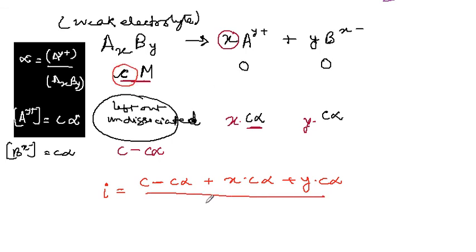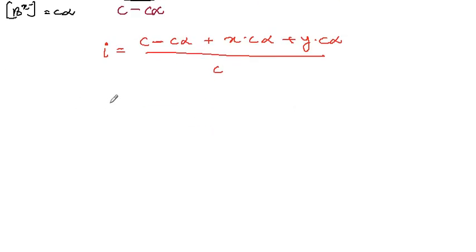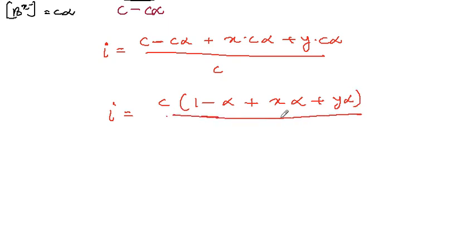The total initial concentration is C naught times the cation and 0 times the anion, so together it would be C molar concentration. Now if we take C as a common factor, we have 1 minus alpha plus x alpha plus y alpha, divided by C. So C would get cancelled out.